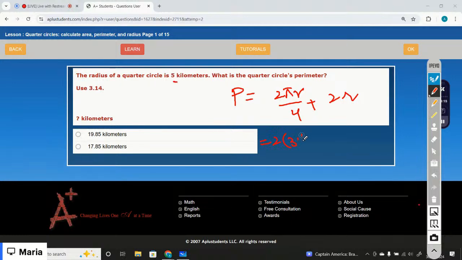So 2 times 3.14 times 5 over 4 plus 2 times 5. So just do the calculations. That is 17.85 kilometers. The correct option is option number 2, that is 17.85.